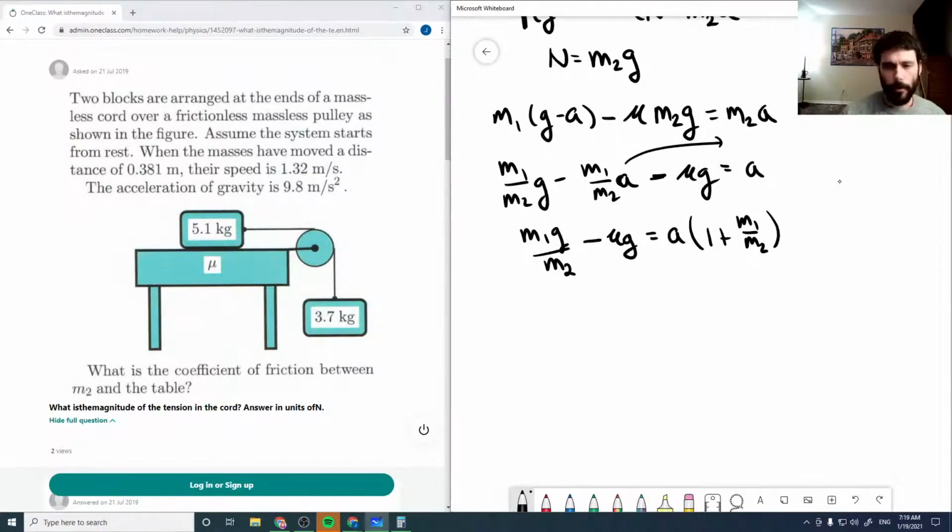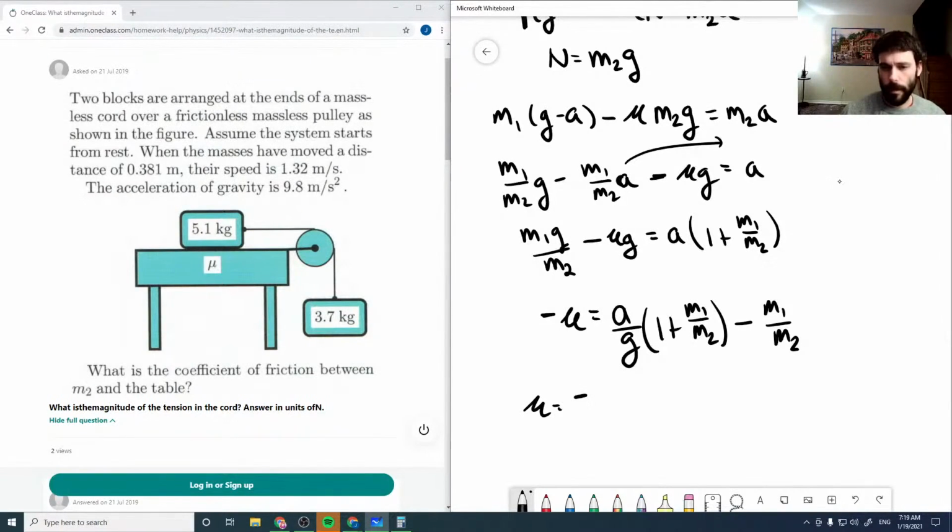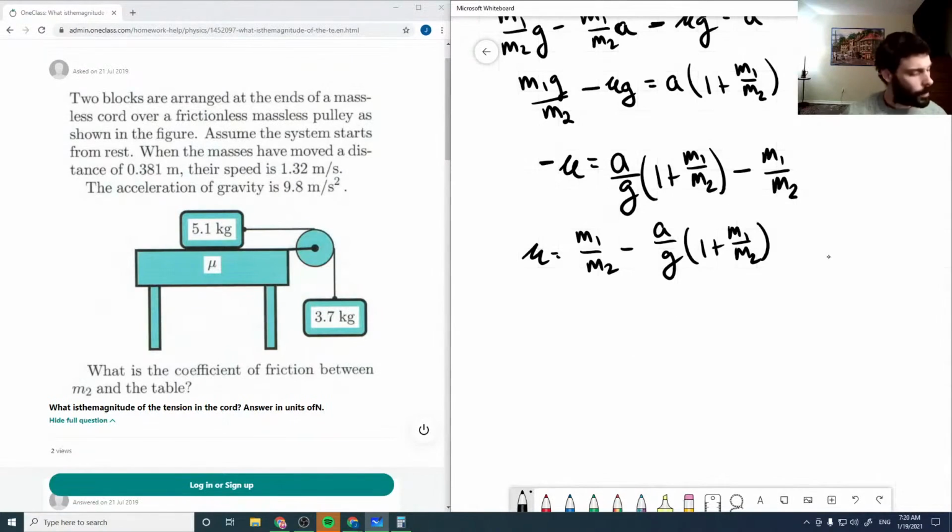So minus mu is equal to a over g times (1 plus m1 over m2) minus m1 over m2, or mu is equal to m1 over m2 minus a over g times (1 plus m1 over m2). And there we go. Finally, we have an expression for mu.